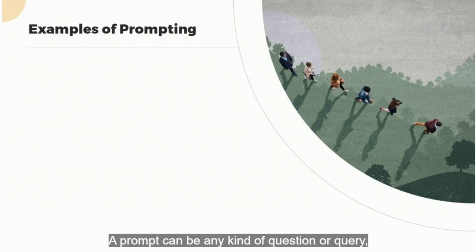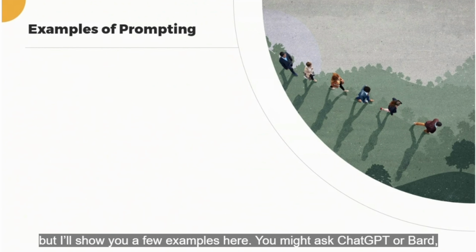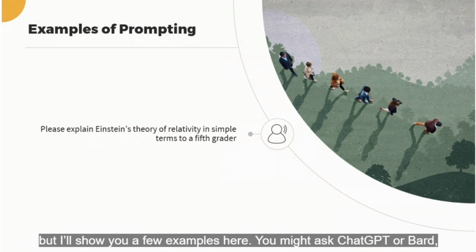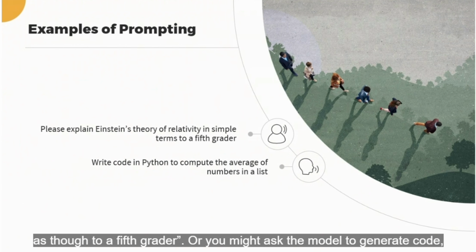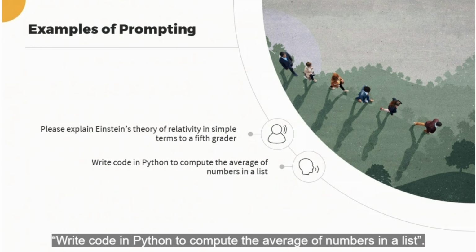A prompt can be any kind of question or query, and you're likely very familiar with prompts, but I will show you a few examples here. You might ask ChatGPT or Bard, please explain Einstein's theory of relativity in simple terms, as though to a fifth grader. Or you might ask the model to generate code: write code in Python to compute the average of numbers in a list.